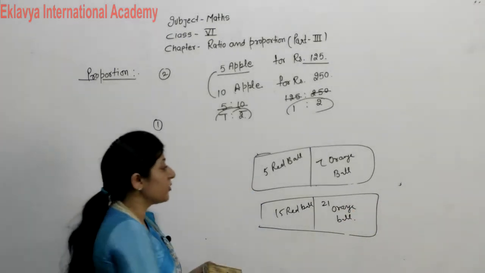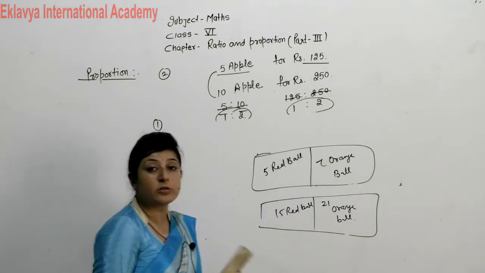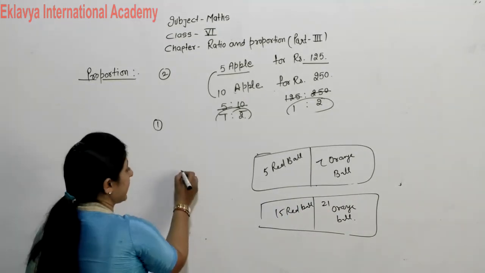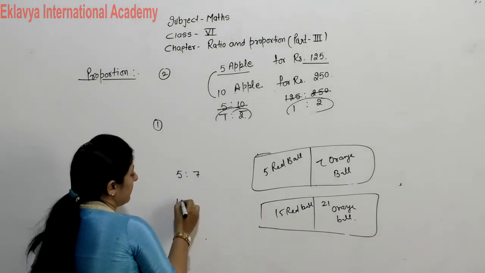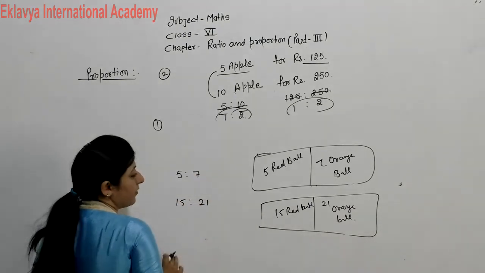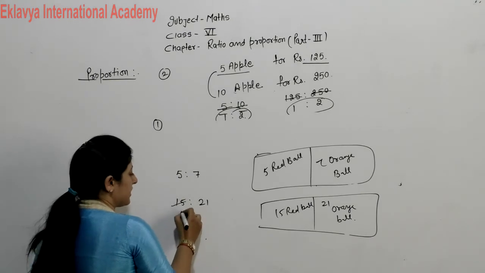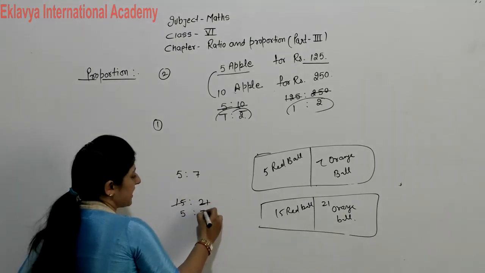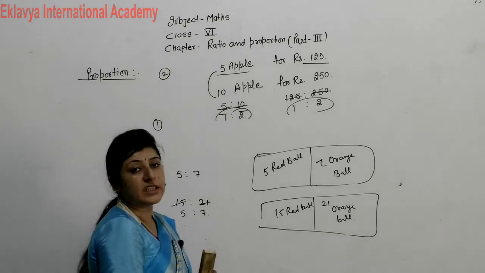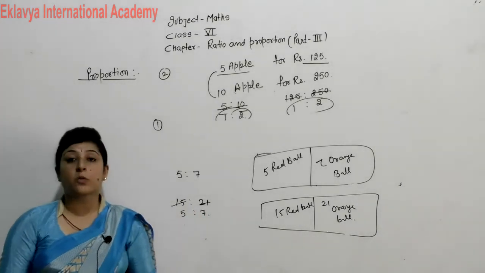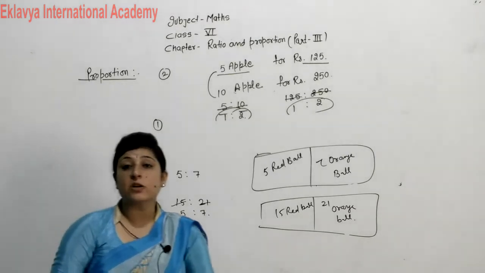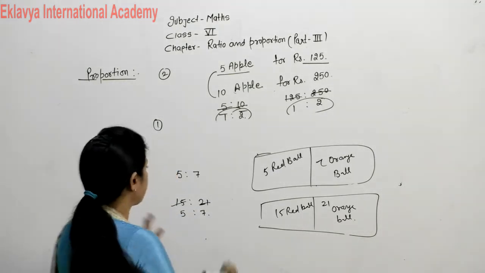Now check the ratio. Both are talking about the balls. So we can take ratio 5:7 and this one 15:21. 3 5s are 15, 3 7s are 21. Then if you see properly, both ratios are equal. That's why these are called in proportion.